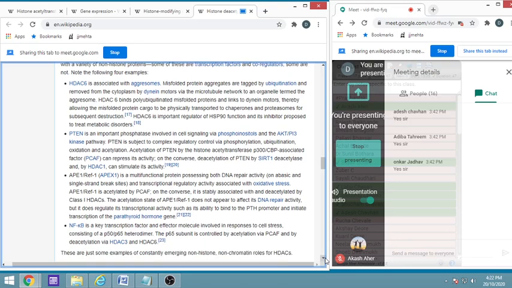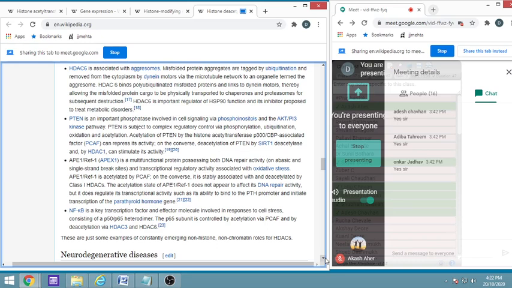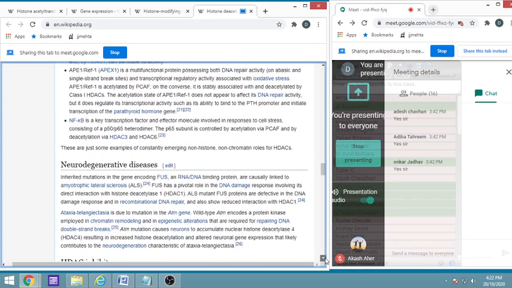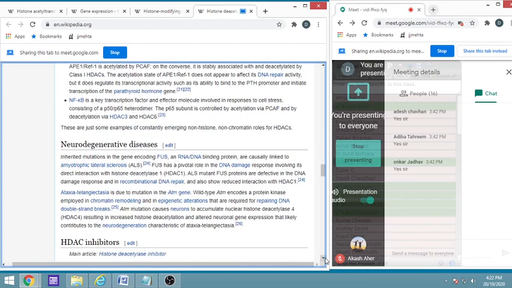Then other is APE, REF1, they are controlled. NF-kappa B we have seen recently in signal transduction. So these are the transcription factor effector molecules in the response of cell stress, and it is also there. So such regulation is done, and they are known to be active in various degenerative diseases.